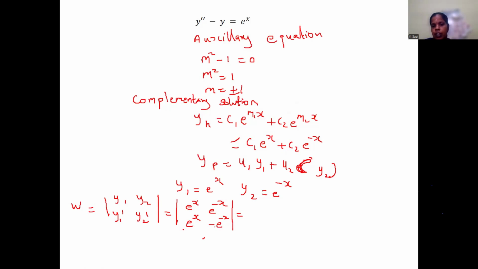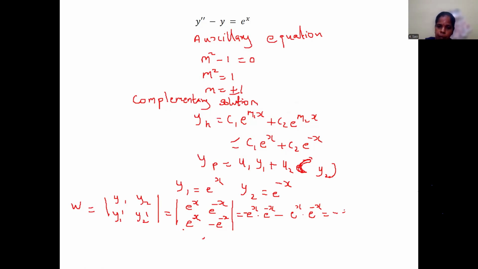Now what we are going to do is just cross multiply these two terms. So we'll have e power x into e power minus x minus, here already you have a minus, so we'll have minus of e power x into e power x. Here, e power x into e power minus x, the bases are common, so we can add the exponents.